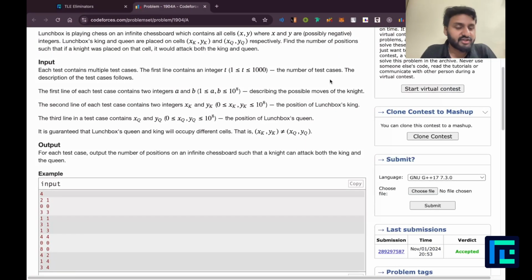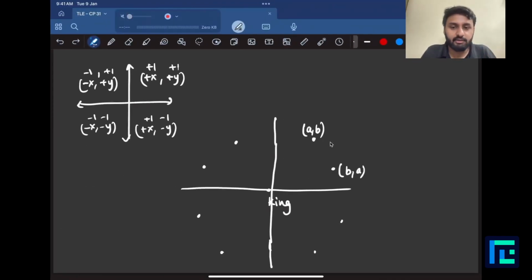What we are trying to picture is that I have created quadrants for myself, and if I go back to the whole diagram, let's say I'm talking about the king right now. King is at the 0, 0 coordinate. From the king's POV, you want the 8 locations where a knight could have been and could have attacked the king.